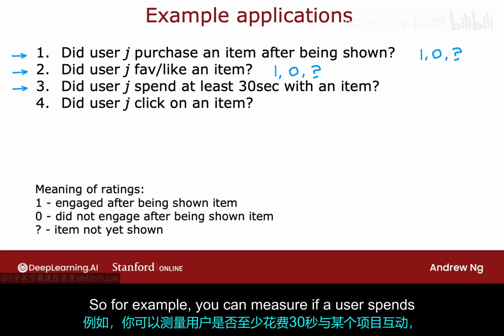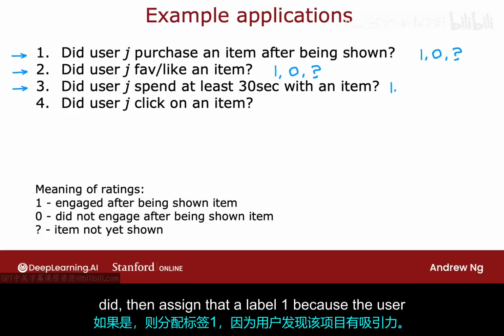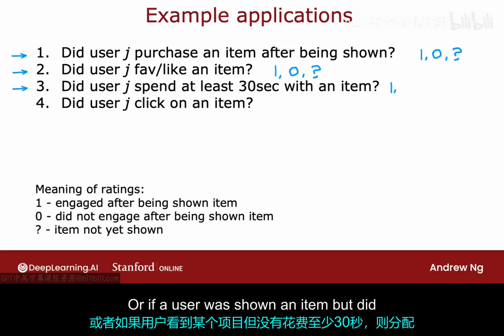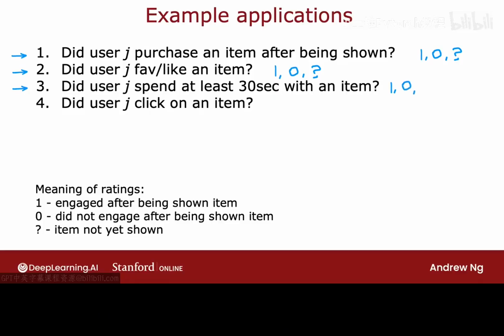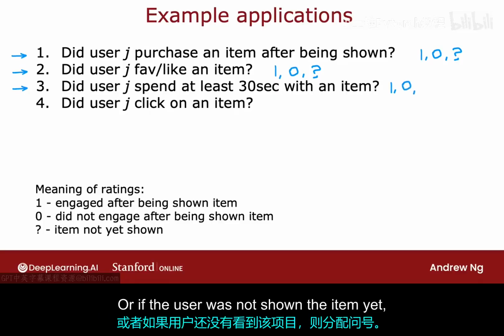So for example, you can measure if a user spent at least 30 seconds on an item. And if they did, then assign that a label 1 because the user found the item engaging. Or if a user was shown an item but did not spend at least 30 seconds with it, then assign that a label 0. Or if the user was not shown the item yet, then assign it a question mark.